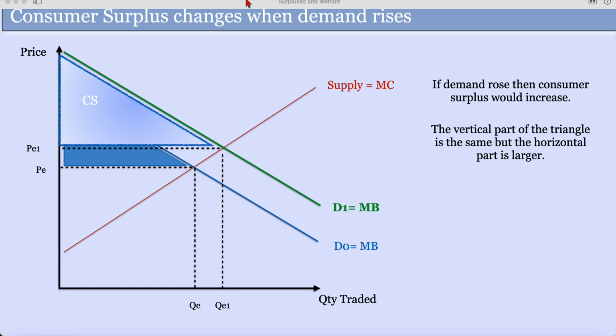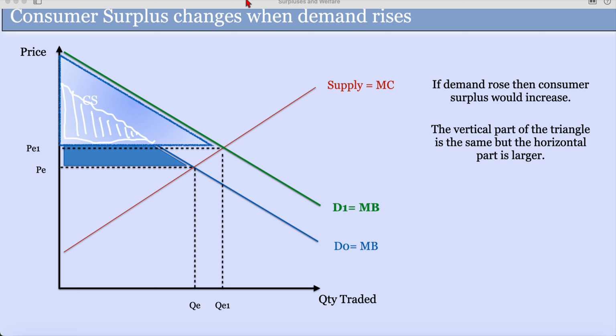Now, if you want to look at the difference in those consumer surpluses, you've got to do something quite important, which is you take the idea that there is an element here, which is this line here, that is consistent in both triangles.